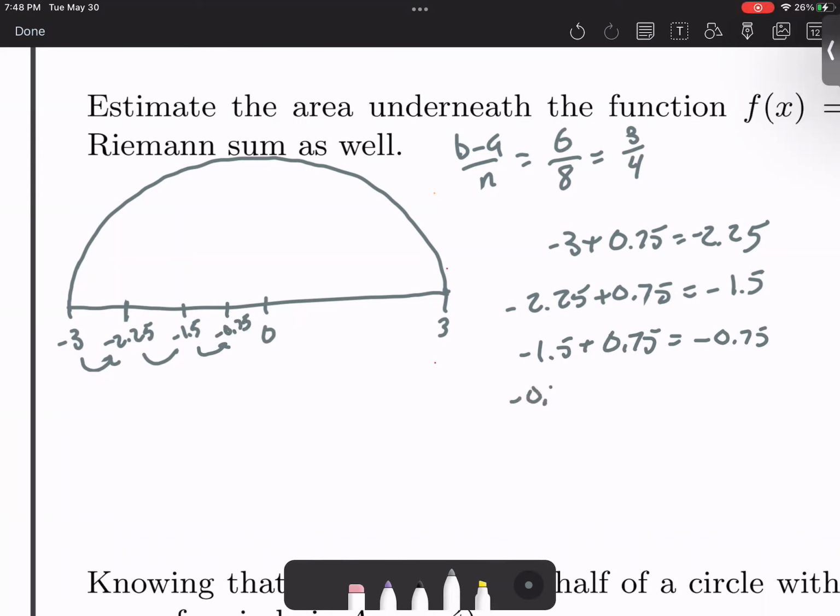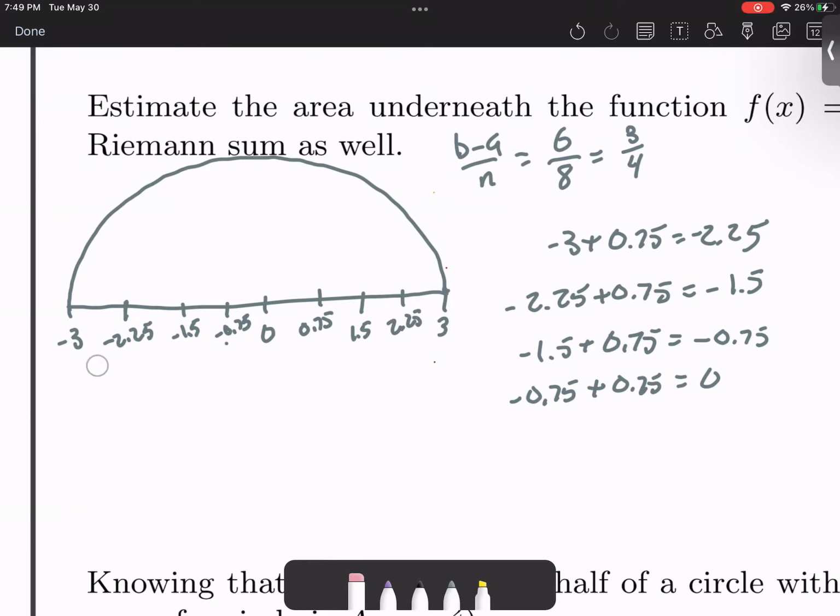And then minus 0.75 plus 0.75 puts us at 0. And you can see it's going to be symmetric. So another rectangle is going to be 0.75, another 1.5, and then 2.25, and then finally over to 3. Right, 8 rectangles instead of 4.